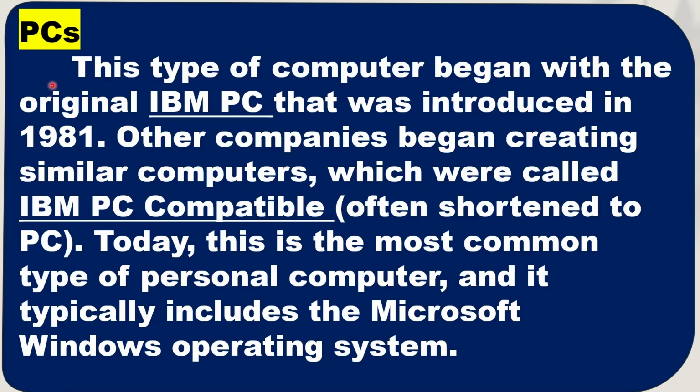Let's have PCs. This type of computer began with the original IBM PC that was introduced in 1981. Other companies began creating similar computers, which were called IBM PC compatible, often shortened to PC. Today, this is the most common type of personal computer, and it typically includes the Microsoft Windows operating system.